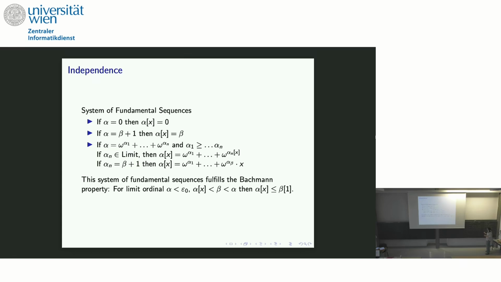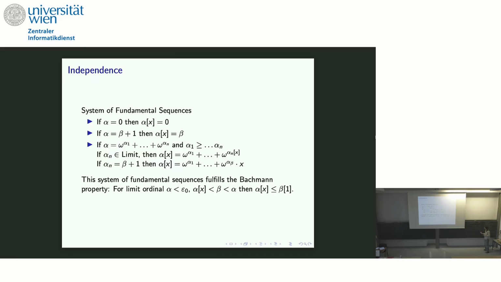Now, these fundamental sequences, basically what they are is a canonically increasing sequence of ordinals whose limit is a limit ordinal. So, for example, if I have a successor alpha, the fundamental sequence is its predecessor.